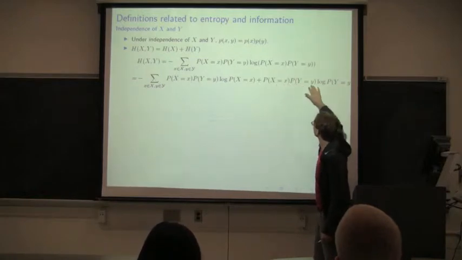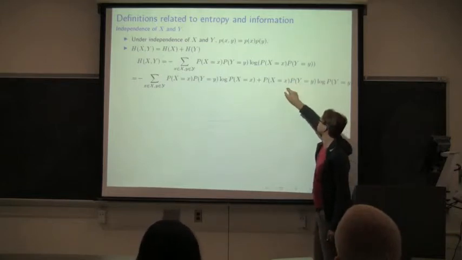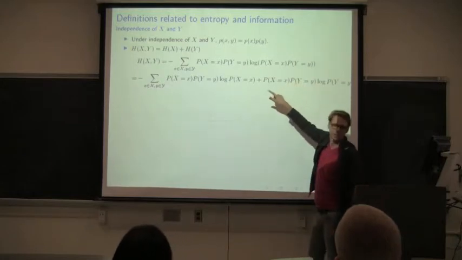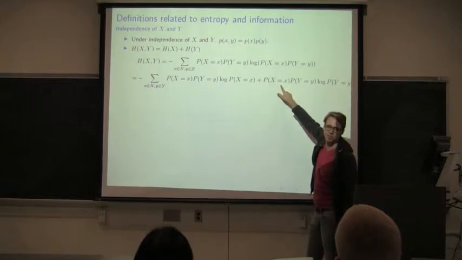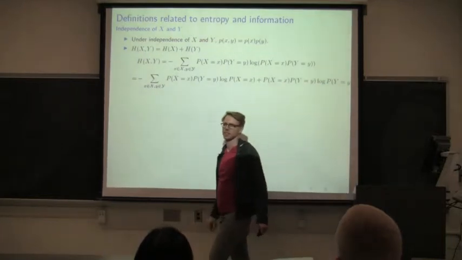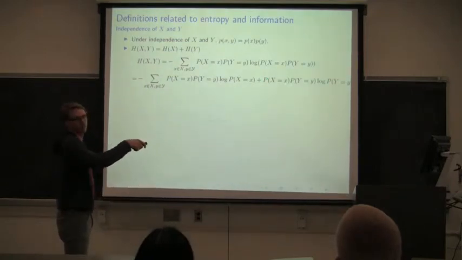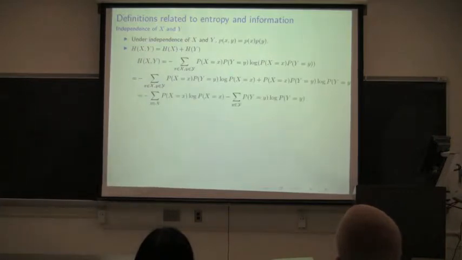The expectation over something that does not contain x will just be that quantity, because we take the average of all the possible values and these probabilities sum to 1. So on this side, the sum over x just goes away. The same thing will happen when we sum over y on the other side, and we just get the sum of the two entropies.